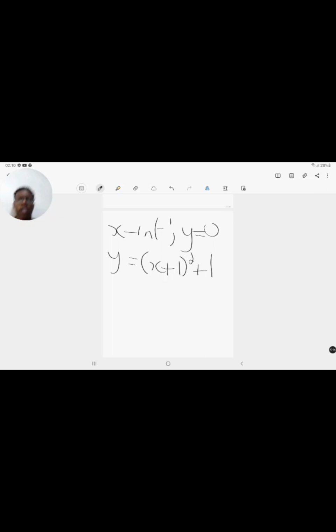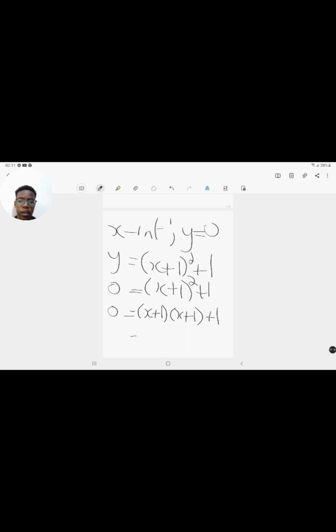So 0 is equal to x plus 1 squared plus 1. Then you can simply expand this and solve. So this is 0 equals x plus 1, x plus 1, plus 1.